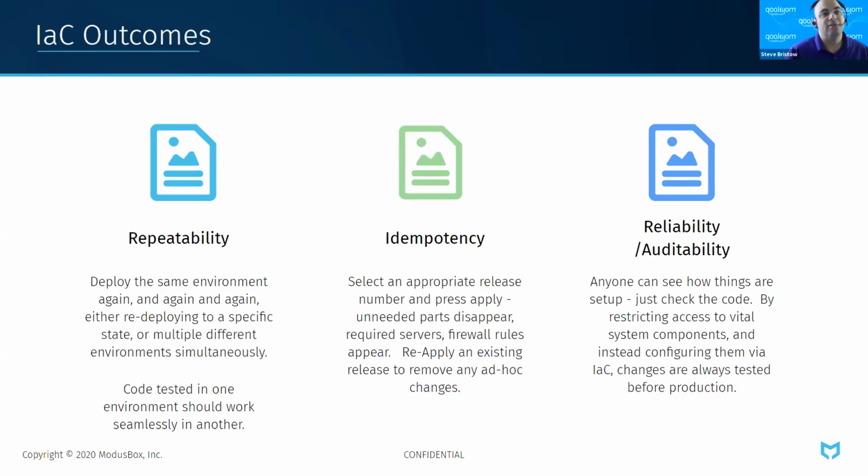It gives you idempotency in that you can redeploy and redeploy on the same thing, and only the changed components will be removed or added. Firewall rules, pods, each thing is completely and utterly idempotent, and it removes any ad hoc changes as well. So if somebody comes along, changes something, maybe comes up with a fix, at the end of it you can say, brilliant, capture that, and then back you go to the declared state.